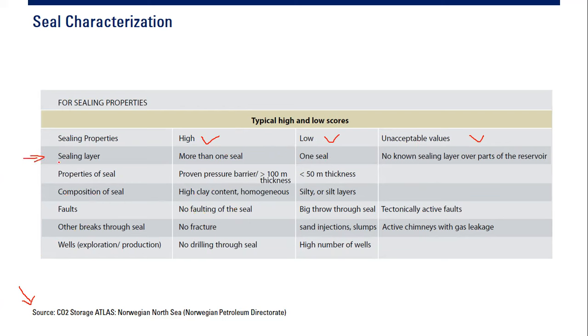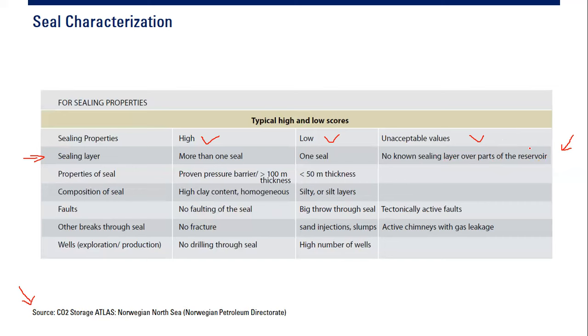The seal is considered good, strong, if you have more than one seal. But if you have only one seal, it's still considered low. But if you have no known sealing layer over parts of the reservoir, then it is unacceptable.